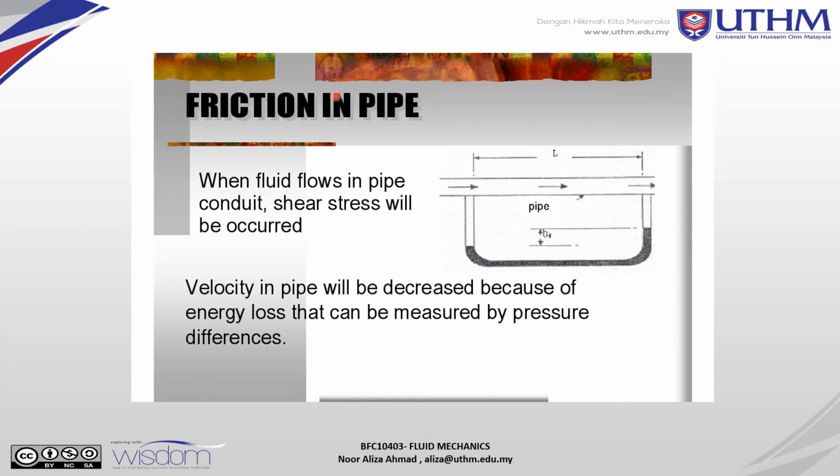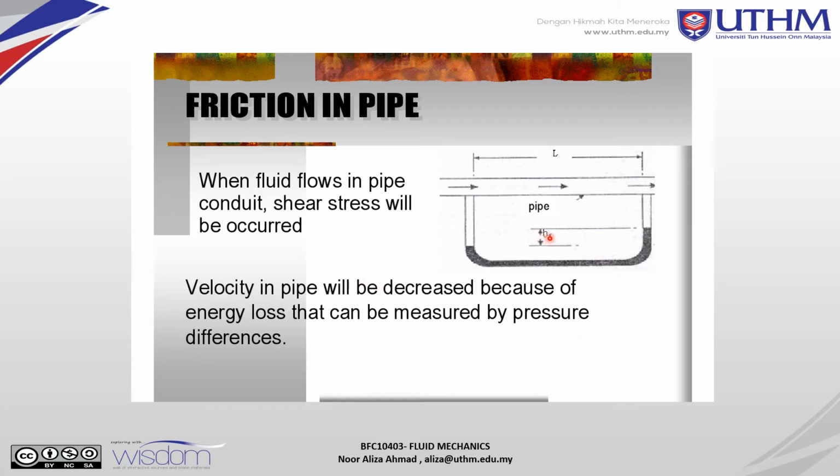Okay, look at the friction. This is the friction in the pipe, and L is the length. When fluid flows in a pipe conduit, shear stress will occur. So velocity in the pipe will decrease because of energy loss that can be measured by pressure difference.